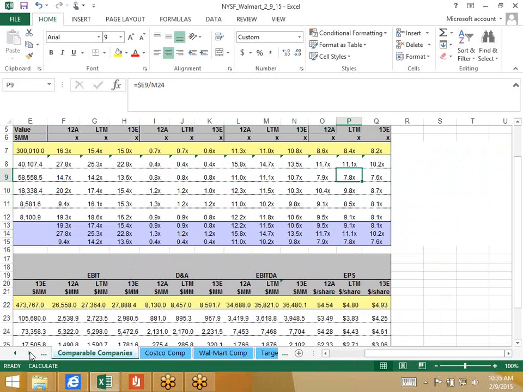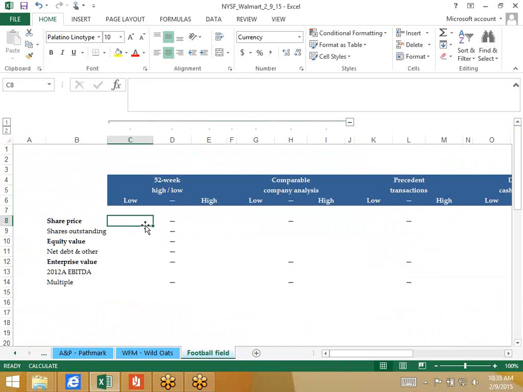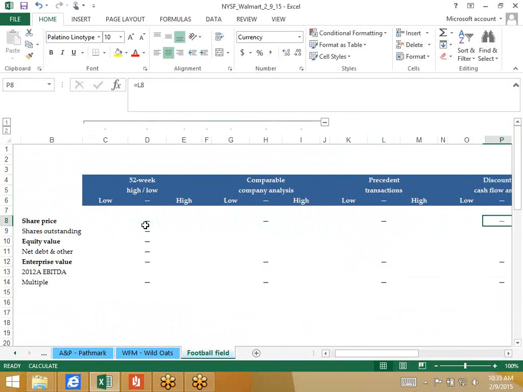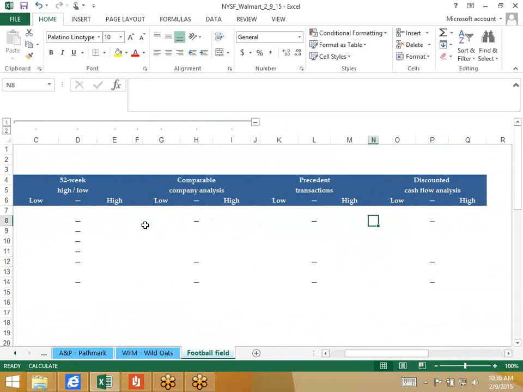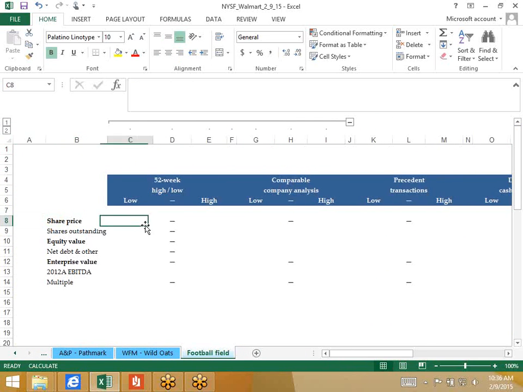And what you would do is you would go to the football field, where we have the three different valuation analyses and the results, and we're going to interpret the results into our enterprise value, equity value, stock price. So comparable company analysis, let's assume that we had a multiple of 8 to 11. I hard code.